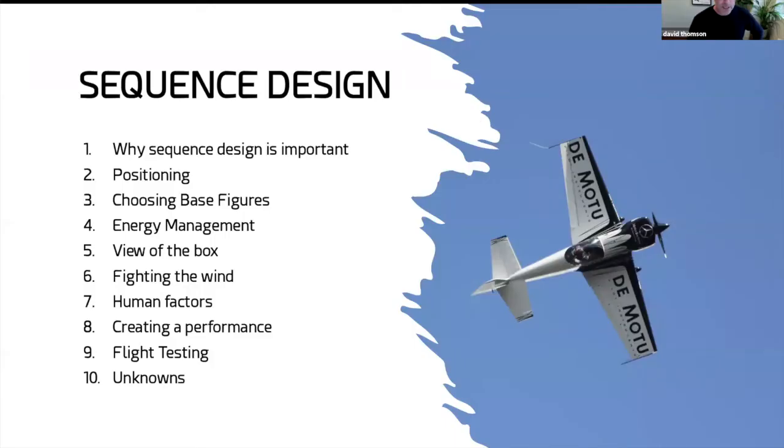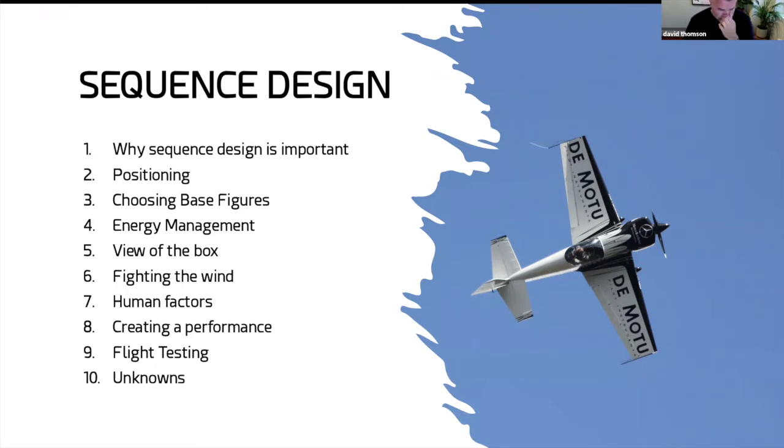So I'm going to cover the following things. Firstly, why I think it's important to be able to design sequences. And we're going to talk about various elements of sequence design: positioning, choosing the base figures, energy management, being able to see the box as much as possible, fighting the wind, and then physical considerations, human factors.